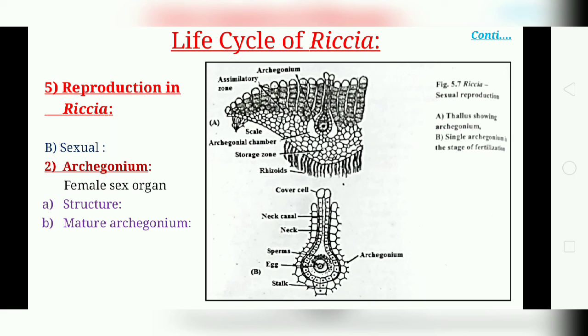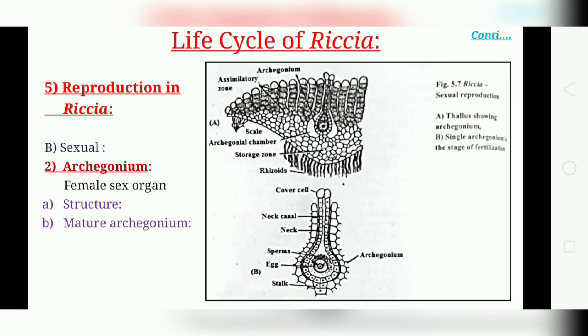When the archegonium reaches the maturity stage, the neck canal cells and the venter canal cells degenerate from top to downward. A mucilaginous mass is formed. The mucilage absorbs water and swells. It produces a force by which the cover cells separate from one another by breaking the middle lamella.